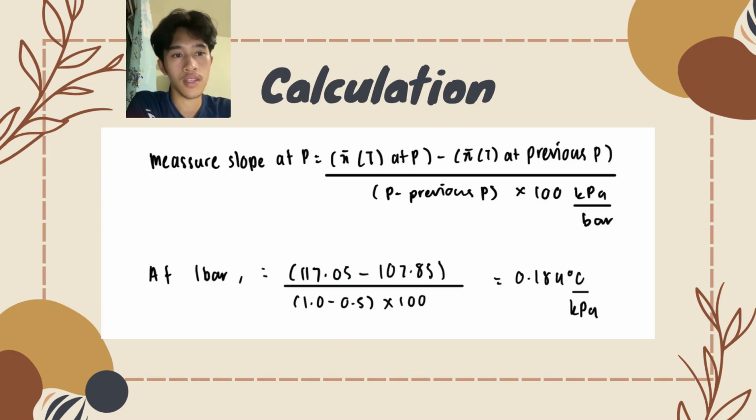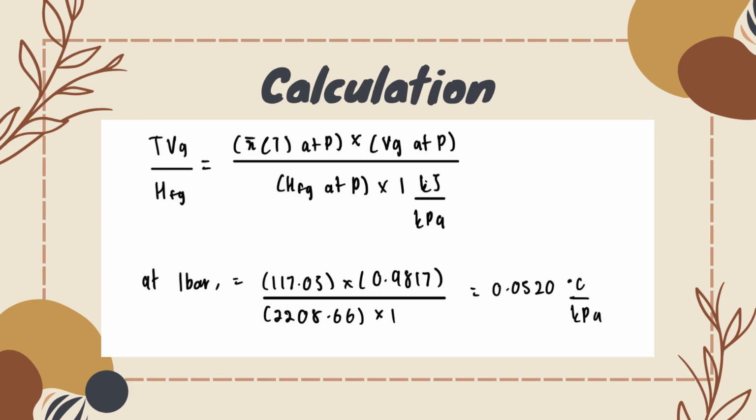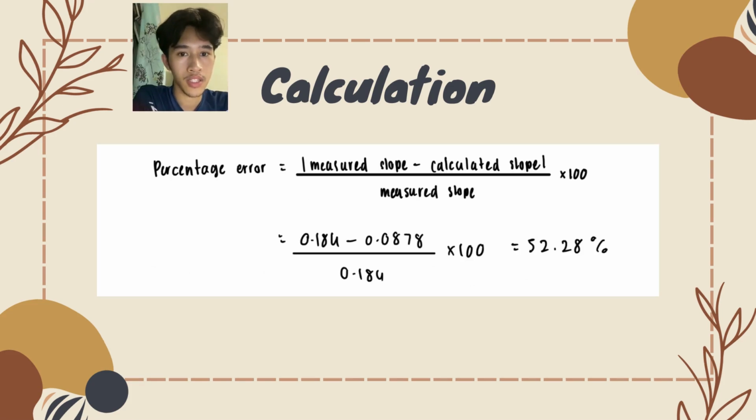And this is the calculation that we did to obtain the slope at P. And lastly, the calculation that we did is the percentage error calculation, which we want to measure the differences, the error between our experimental result and also the theoretical.